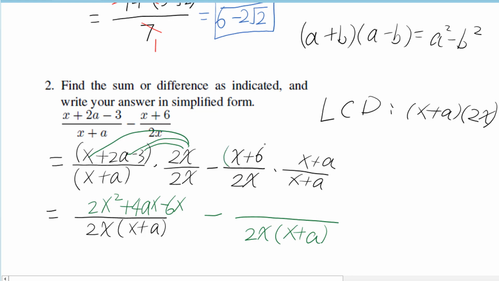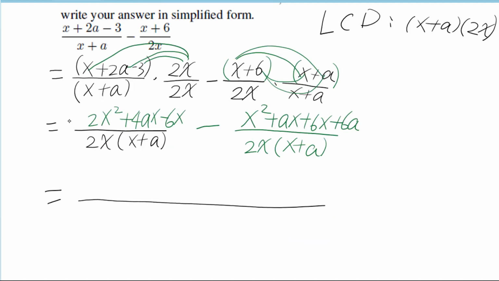This time you have to do FOIL. X plus 6 times x plus a. So you get the x squared. X times a will be ax. 6 times x will be 6x. 6 times a will be plus 6a.